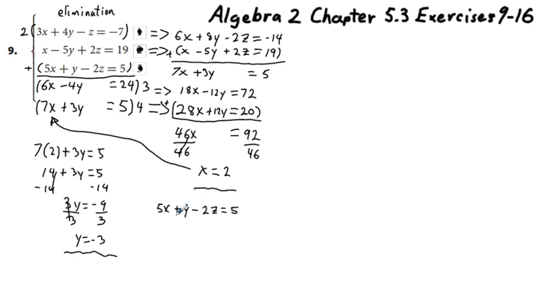And just replace with 2 being x, so 5 times 2 plus negative 3 for y minus 2 times z, which we haven't figured out yet, is equal to 5. And so on the left, 10 minus 3 is going to be 7. So 7 minus 2z is equal to 5.